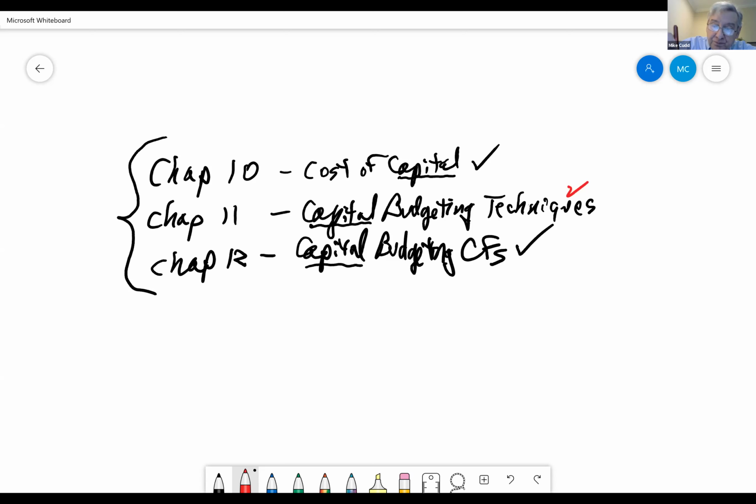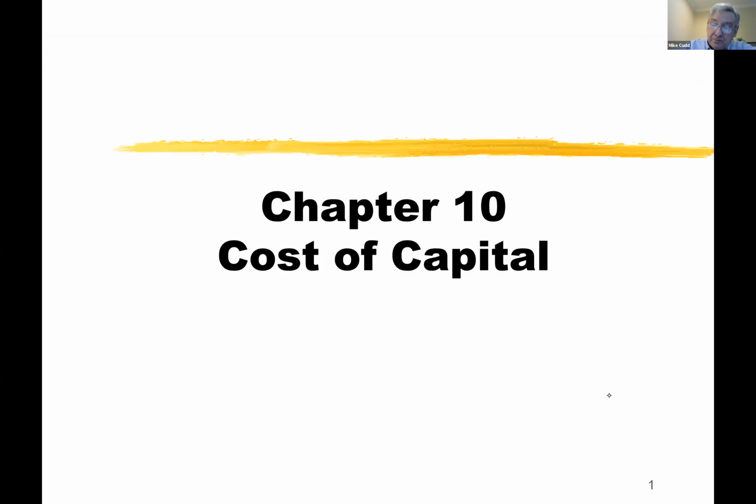So, starting with chapter 10, it's called a cost of capital. By definition, capital refers to long-term sources of funding.